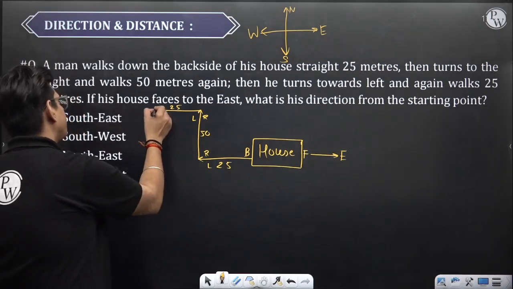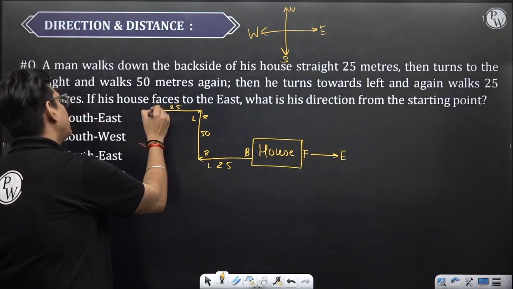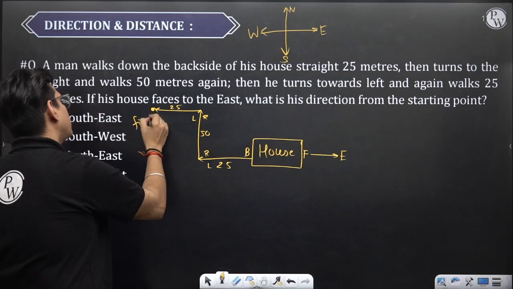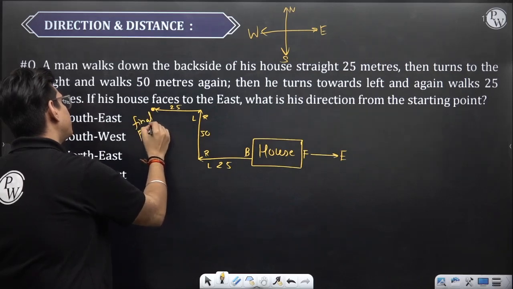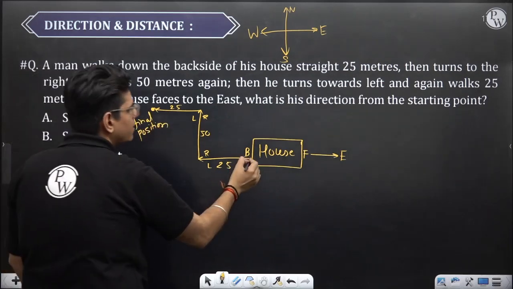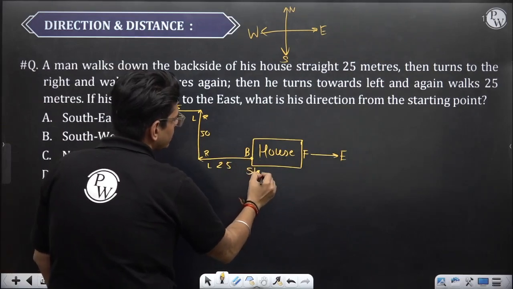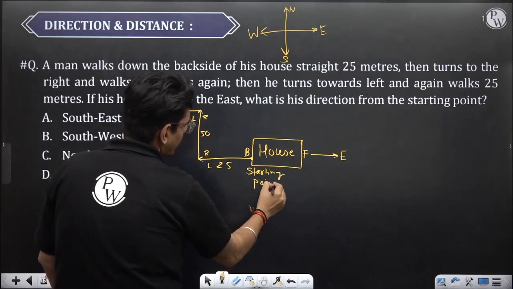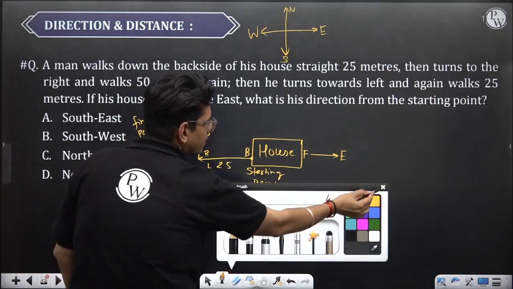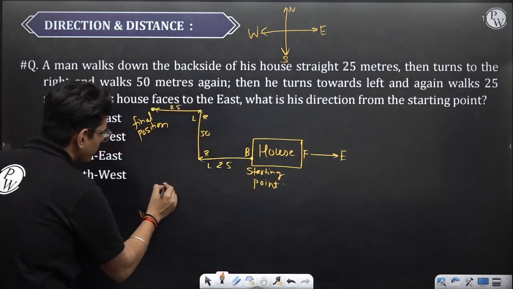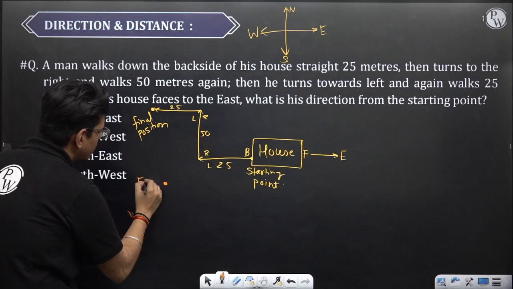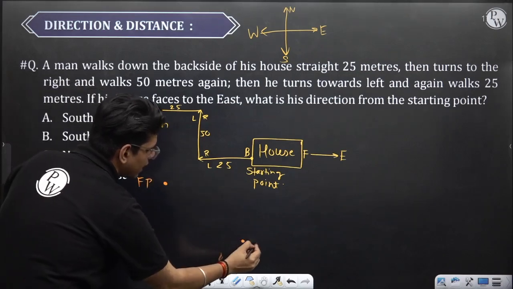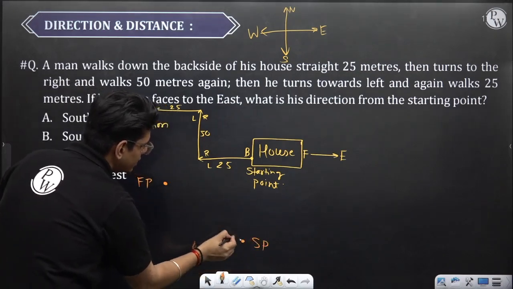This is the final position. This is the starting point. Now, if I depict this in this form, final position, starting position, and the direction will be like this.